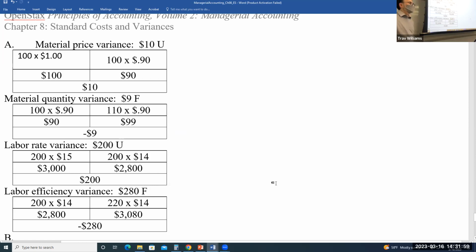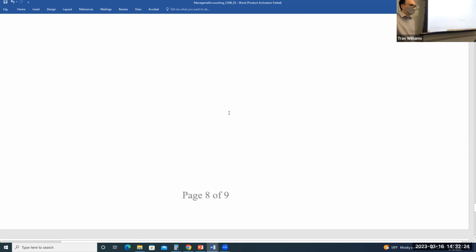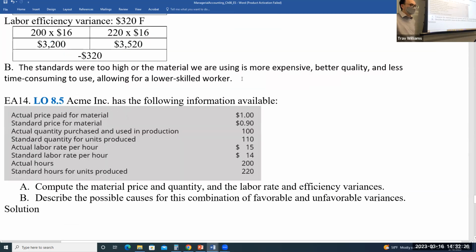So how can we explain these variances? Kind of similar to the last one, right? The one difference is our labor rate variance is higher. So that suggests we need a higher skilled worker. Otherwise, it's pretty much the same. So again, I'm going to do a copy paste and a slight change.